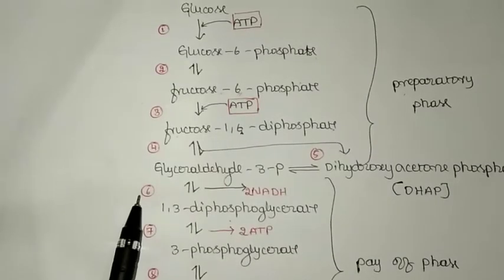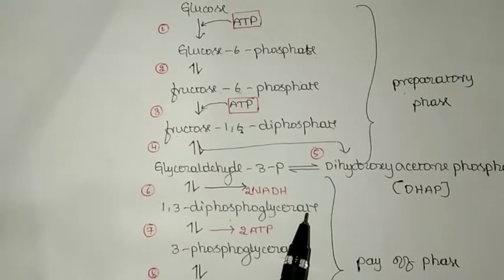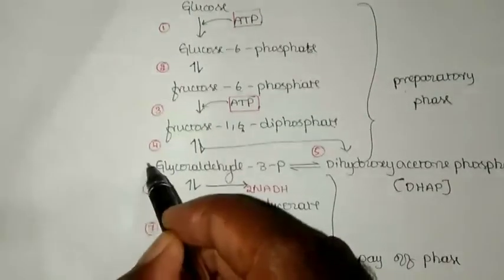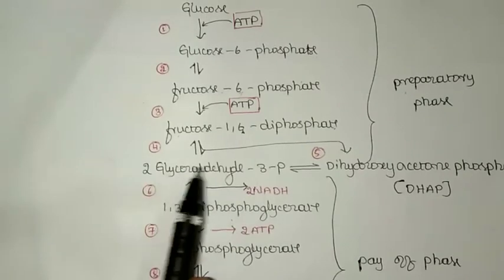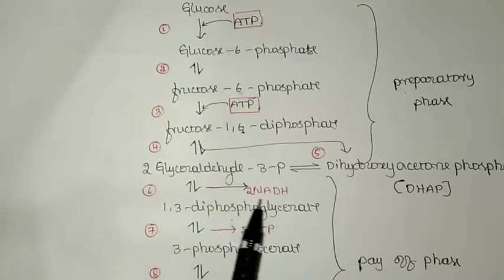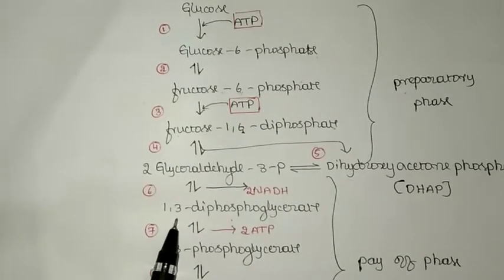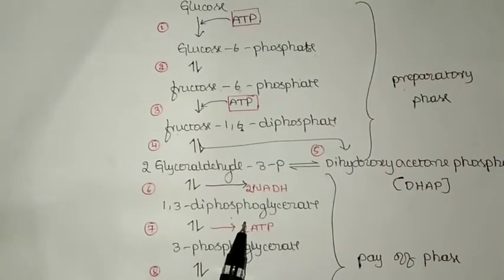But in the sixth reaction, there occurs conversion of glyceraldehyde 3-phosphate into 1,3 diphosphoglycerate, and from each glucose molecule we will get 2 glyceraldehyde 3-phosphate molecules, and from these we will get 2 NADH. And in the seventh reaction, in converting 1,3 diphosphoglycerate into 3-phosphoglycerate, we have observed the formation of 2 ATP molecules.